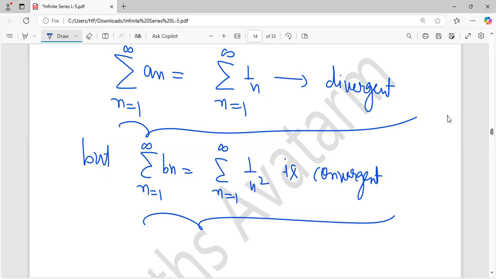So this series is convergent and this one is divergent, and their limit An upon Bn is infinity. Okay. So the converse need not be true.